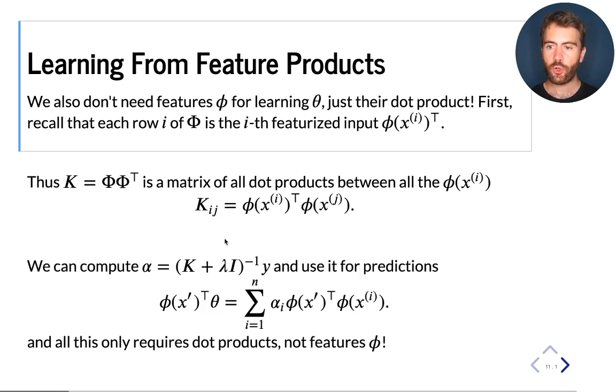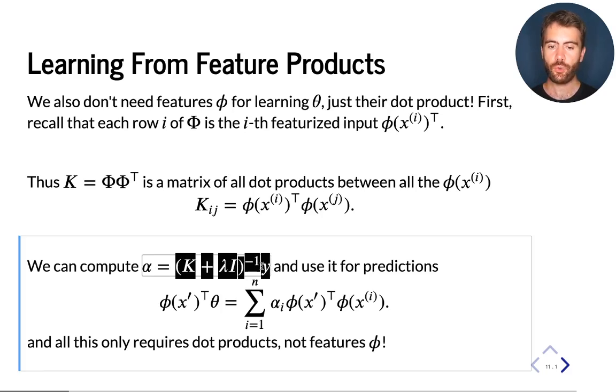And by our earlier definition of alpha, if we plug in K, which is phi times phi transpose, into our definition of alpha, which we derived from the normal equations, then we have the following form. And in order to compute this vector alpha, we again do not need the features themselves.